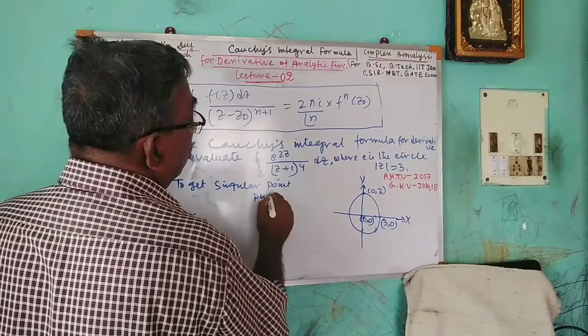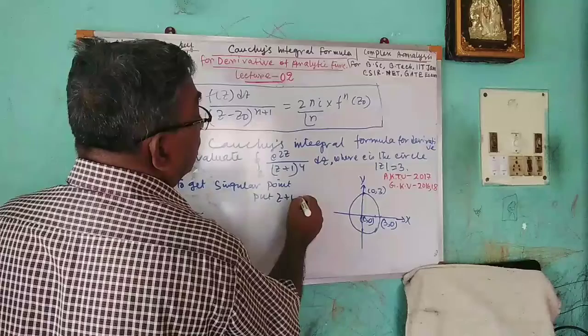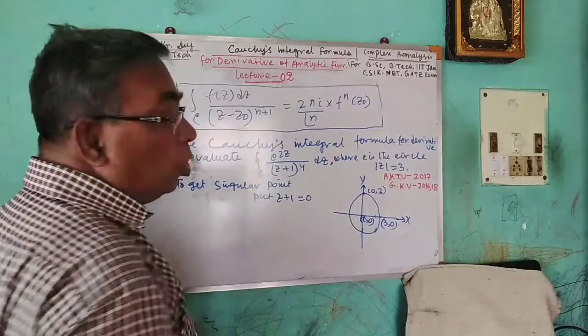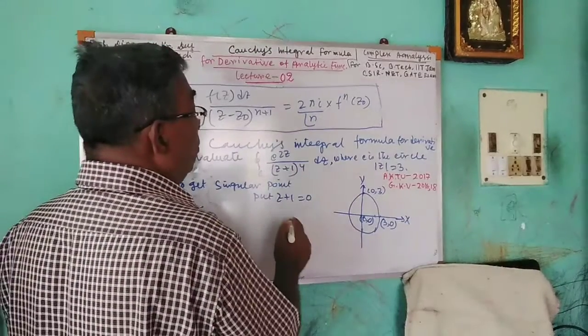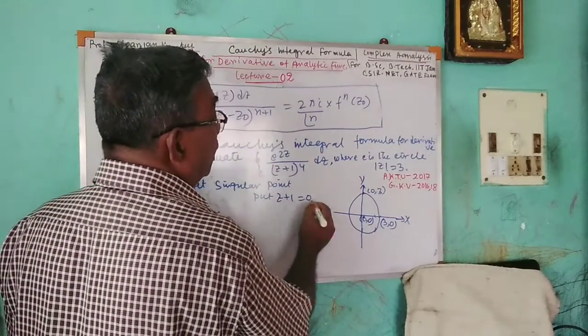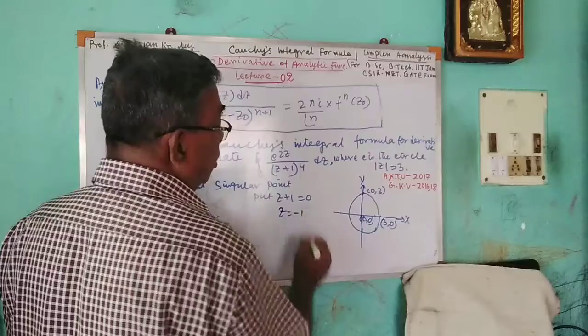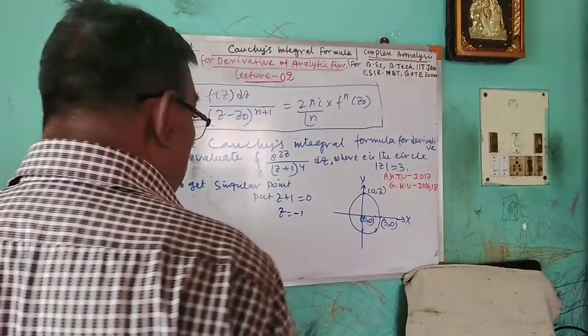Put Z plus 1 is equal to 0. This is also called a pole, a pole of order 4. So Z equal to minus 1.